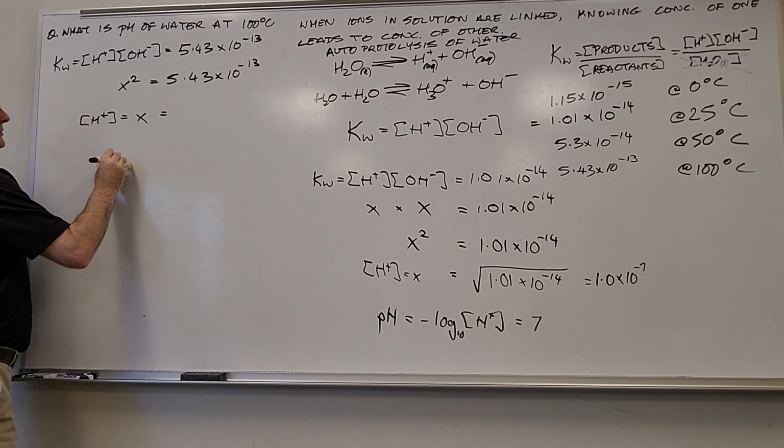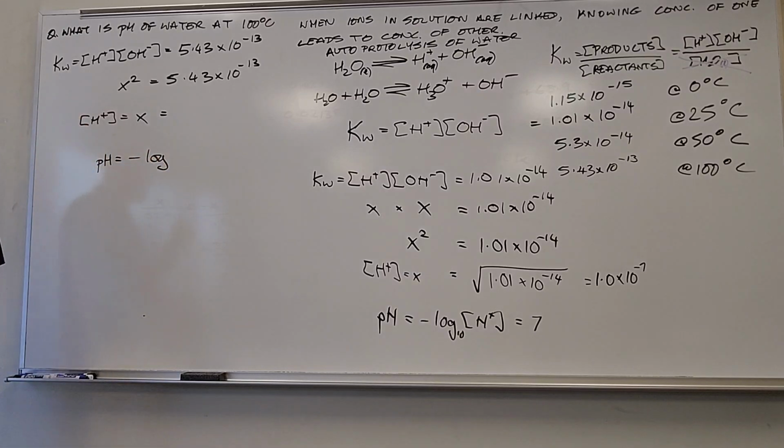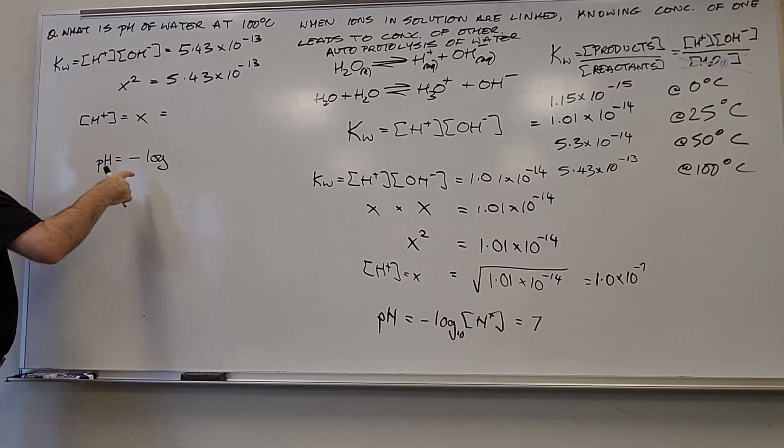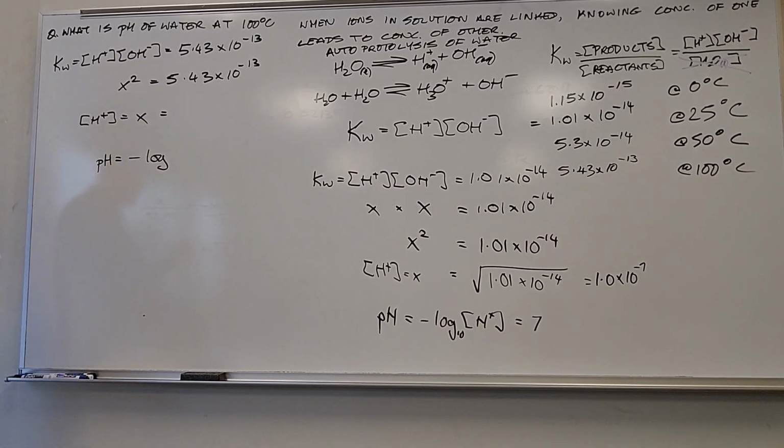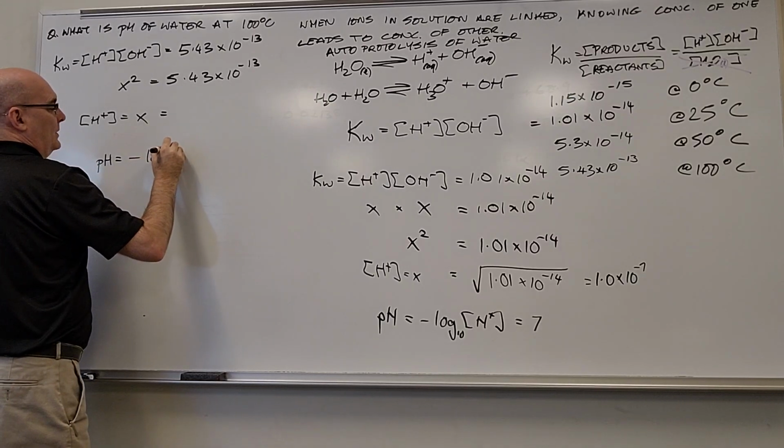And then pH is the negative log. This number will be less than 1. So when you take the log of it, it will become a negative number. By putting the negative here, we turn the negative number into a positive number so that people will read it.